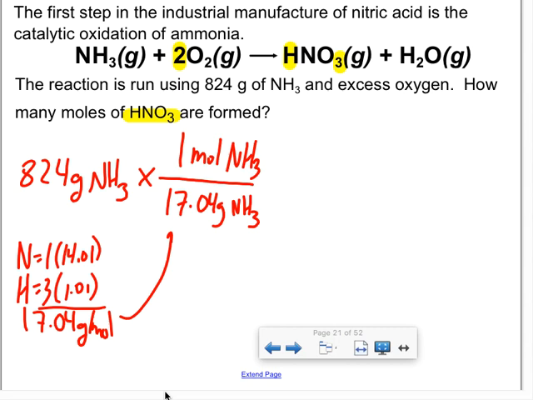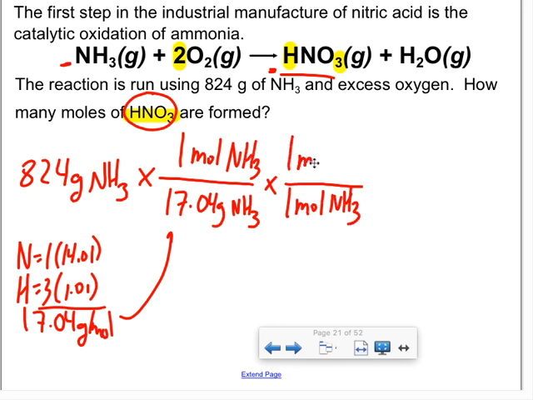So then my second conversion is the mole ratio. You look at the chemical equation for this one. There's a 1 here, and I'm trying to get to HNO3, which is here. Notice there's also a 1 there, so it's a 1-to-1 ratio. So 1 mole of NH3 goes on the bottom, so it cancels out. And then what you are trying to get to goes on top, 1 mole of HNO3.